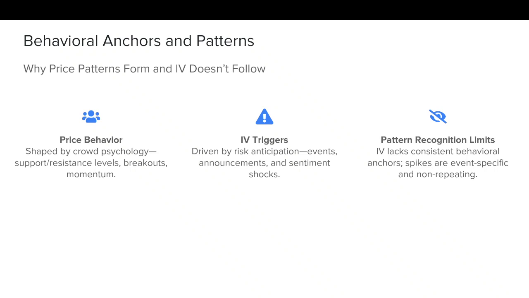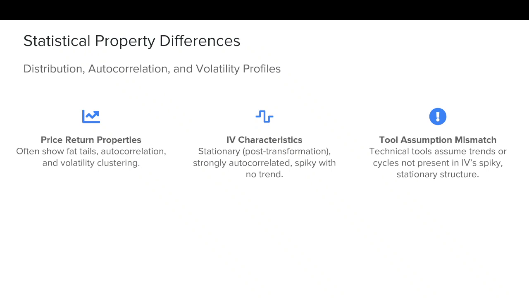Its shifts are primarily event-driven, arising from anticipation of news, earnings, or macroeconomic events. So spikes in IV are often sharp and short-lived, linked to specific catalysts rather than ongoing market sentiment. Because these spikes are not based on repeating human behavior or historical anchors, they do not lend themselves well to classical pattern recognition. This makes IV fundamentally resistant to tools that depend on recurring patterns, which is technical indicators.